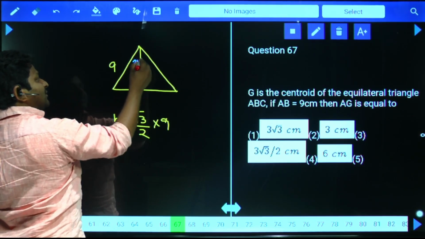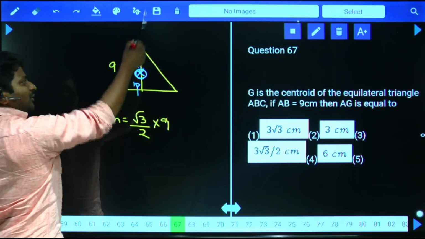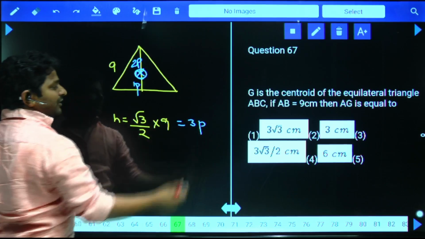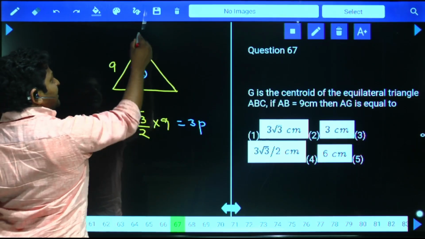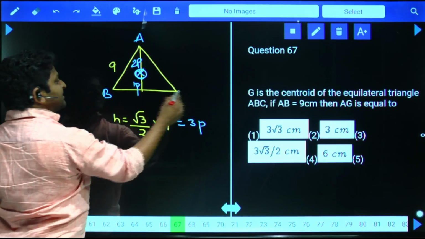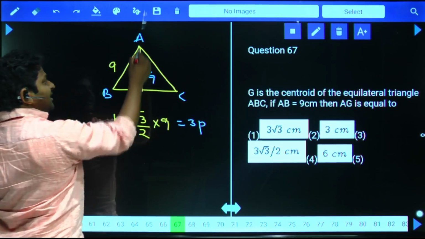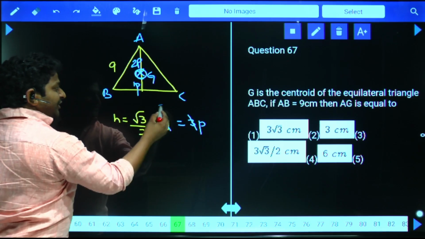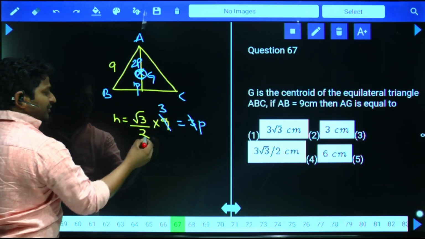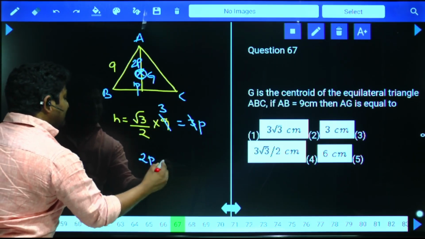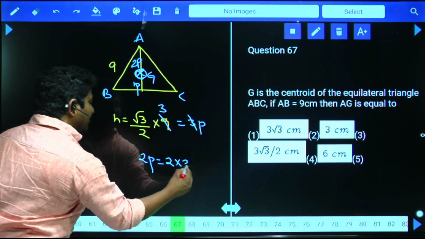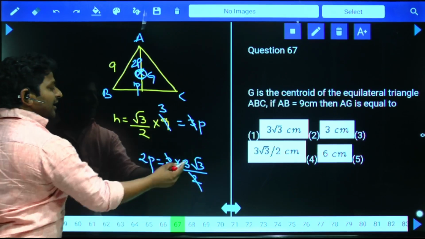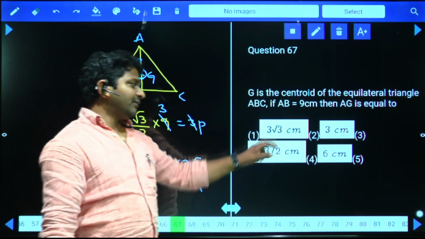Then if this is equal to 2 parts, this is equal to 1 part. Total height is equal to 3 parts. If this is equal to 3 parts, your question is to identify AG. This is A, B, C and AG. AG is equal to 2 parts. 3 times P is equal to 3 root 3 by 2. Then 2P is equal to 2 times 3 root 3 divided by 2. 2 gets cancelled. Answer 3 root 3. 3 root 3, first option answer.